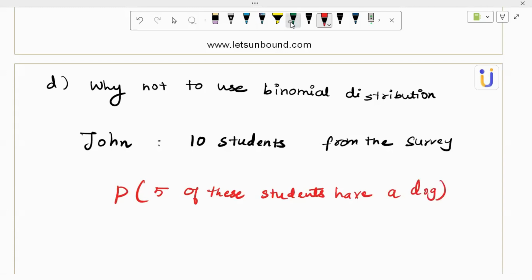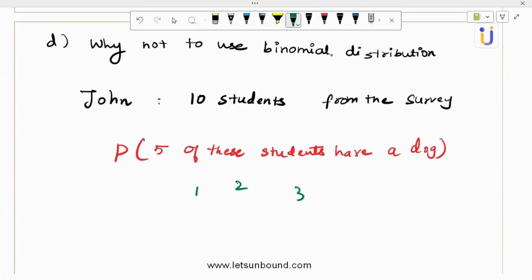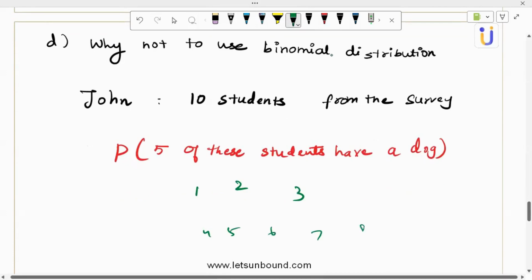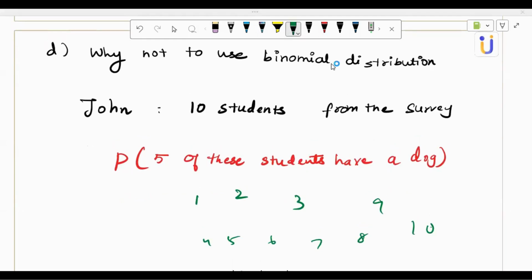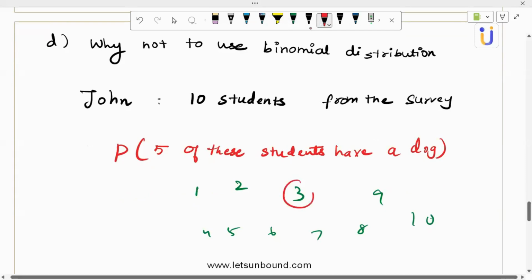The reason is, let's see, he's picking 10 students from the survey. Let me name them 1, 2, 3, 4, 5, 6, 7, 8, 9, 10. Randomly, he's picking 10 students. Here there might be a chance this third student might own a dog. It will be 0.68, the probability. The 10th student might not own a dog, so the probability will be 0.32, right?